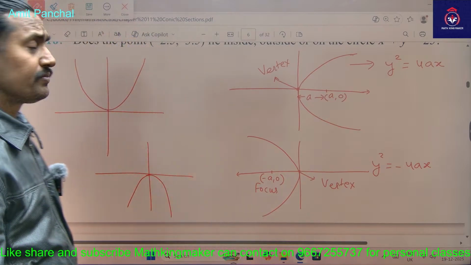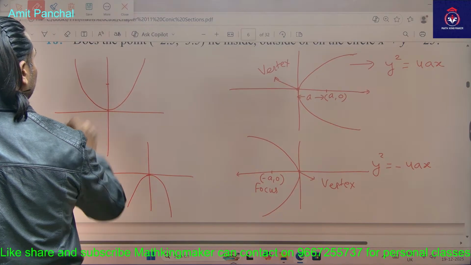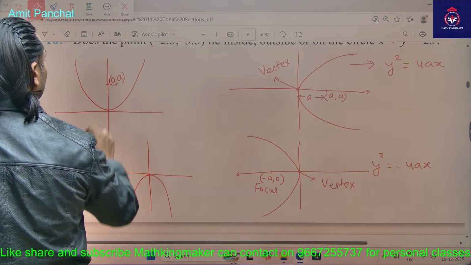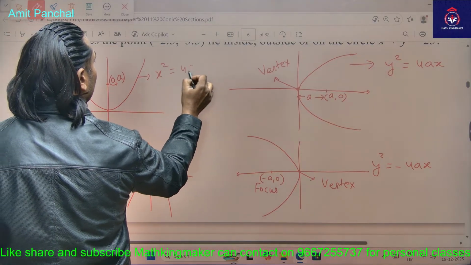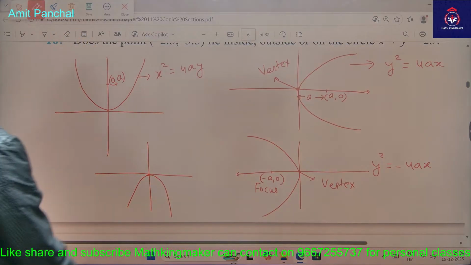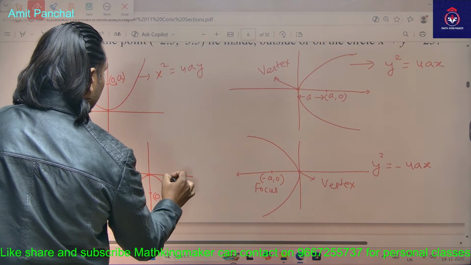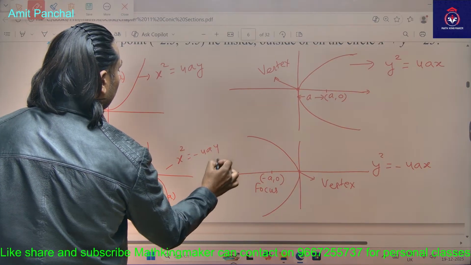In this scenario, if that is the focus, that will be 0, a, and the equation of the parabola will be x square equal to 4ay. Got my point? If it is 0, minus a, then its equation will be x square equal to negative 4ay.